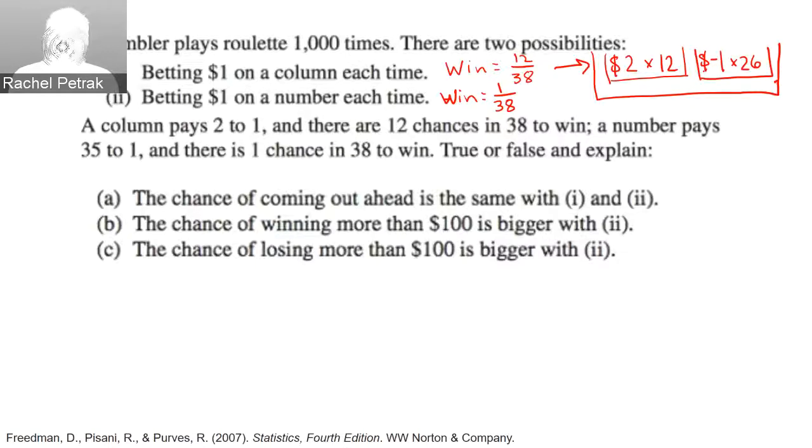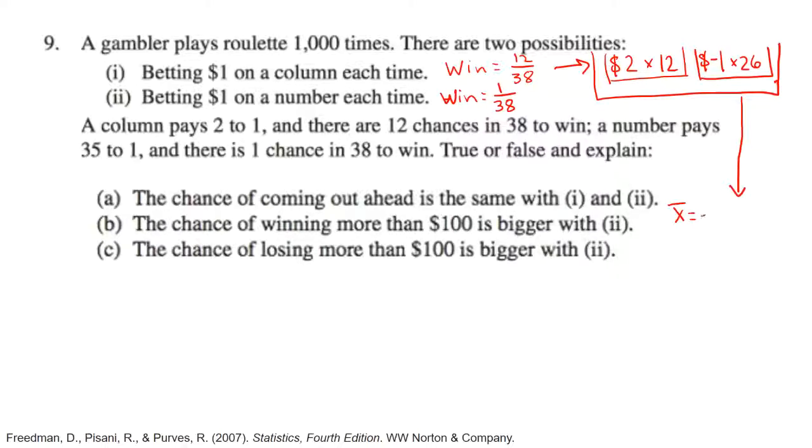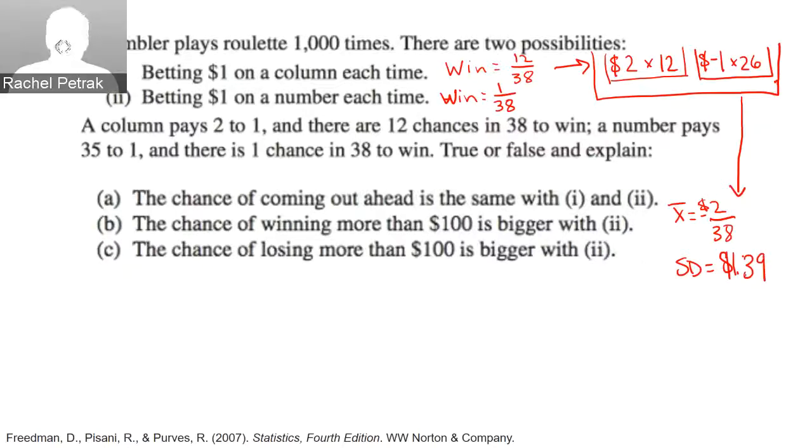Right? So that would be the box for item 1. The average of the box is -2 out of 38, and the standard deviation is about, let's see, it says $1.39.